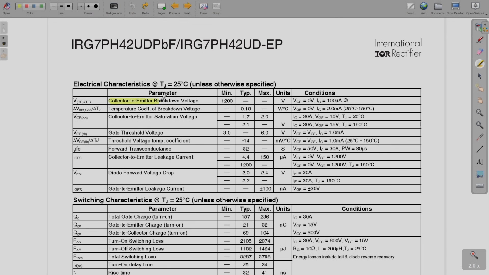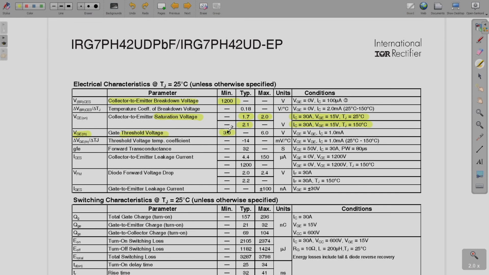Then your breakdown voltage, this 1200 volt we have seen before. Then saturation voltage, you can see typical is 1.7 and maximum is 2 volt, and the conditions at which they have made these measurements are also given. So, they change with these conditions. Then what is the gate to emitter threshold voltage?